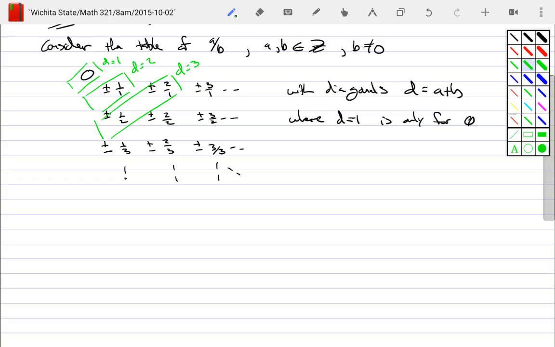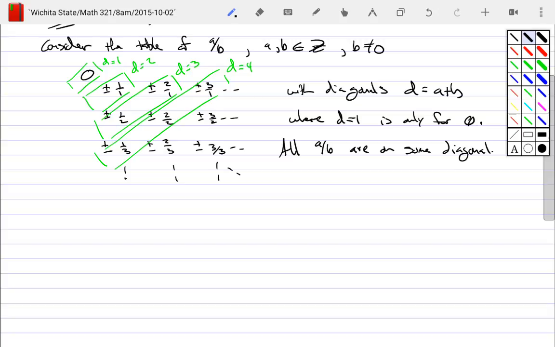Diagonal equal 3. Diagonal equal 4. Right? And therefore, all A over B are on some diagonal, right? There is no A over B that's missed, and that's the important part.